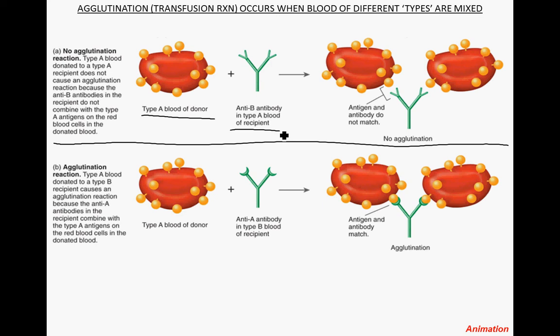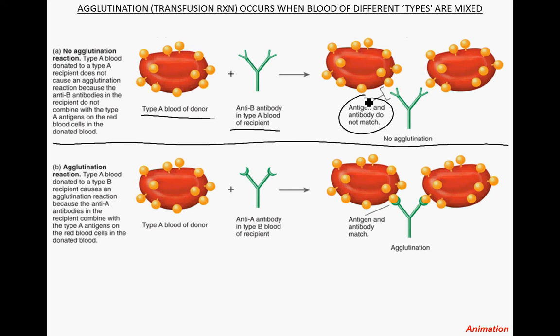When you put that blood into somebody that is also type A, it's not going to be a problem because there are no B antigens on the surface of that red blood cell. So these are all blood type A, and you don't get any reaction. The antigen and the antibody do not match, so you get no cross-linking between antibody and antigen because there are no antigens there for that antibody to bind with.